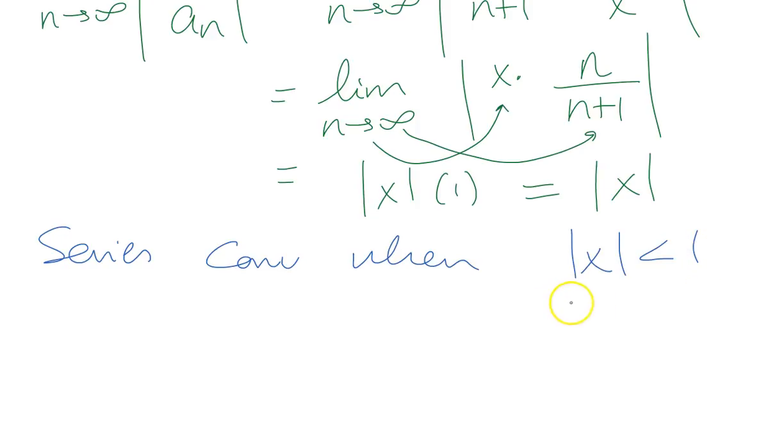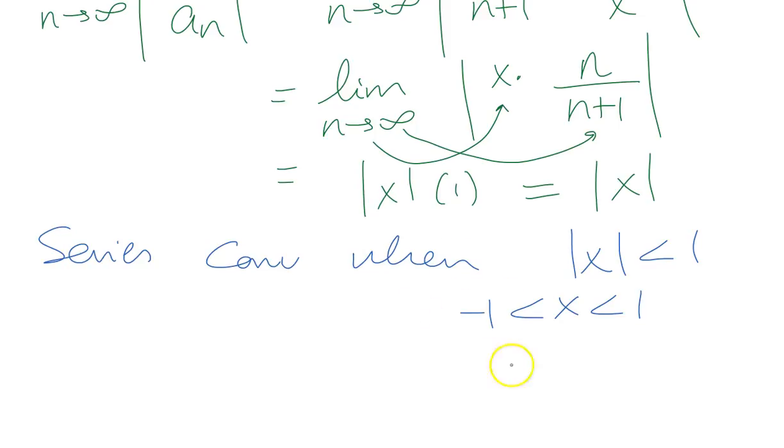That tells you x is between -1 and 1. So we know for sure this power series is convergent for all values of x between -1 and 1. It is not convergent for any value of x less than -1 or bigger than 1. The question is, what can you say about the convergence of this power series at the endpoints of this interval?